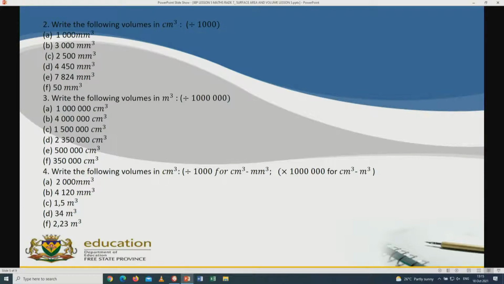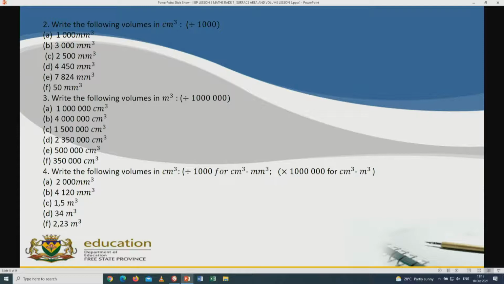Let's take one from each. Let's look at 4a. 4a is 2000 cubic millimeters. Then we want to check how many cubic centimeters that will give us. Now look at the hint.